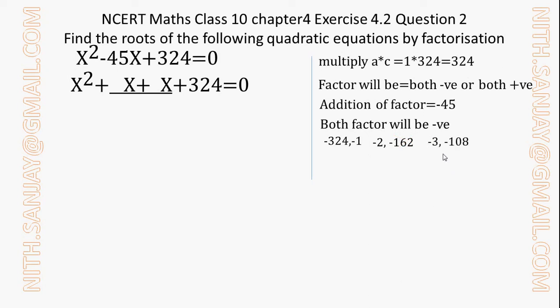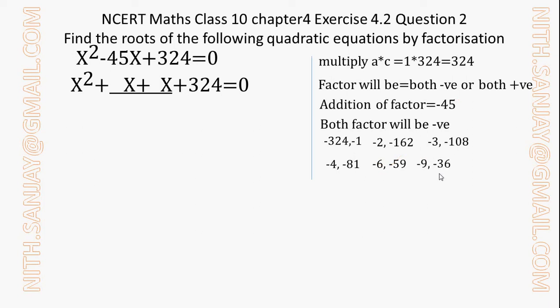Now I have to take the next pair. I will reject this also because its addition is not minus 45. Now I will take the next pair. This again has to be rejected because its addition is not minus 45. Now I will take the next pair. Again this has to be rejected because its addition is not minus 45.